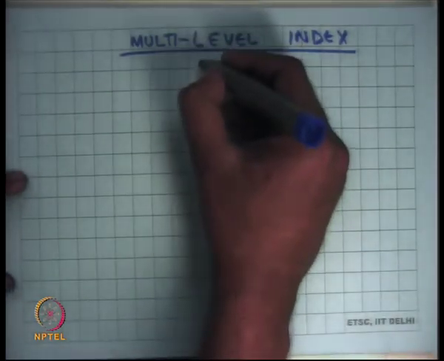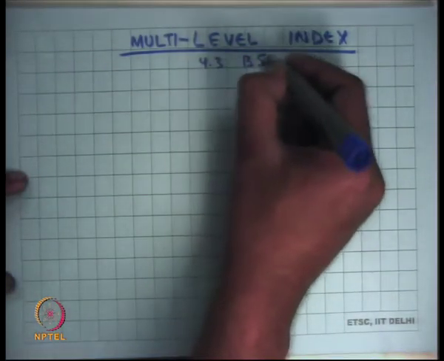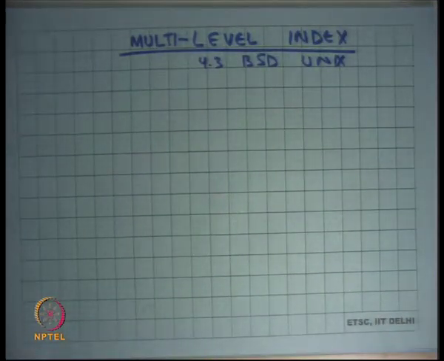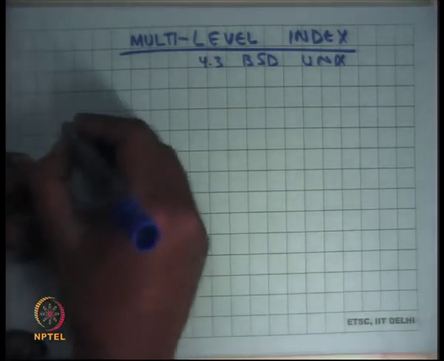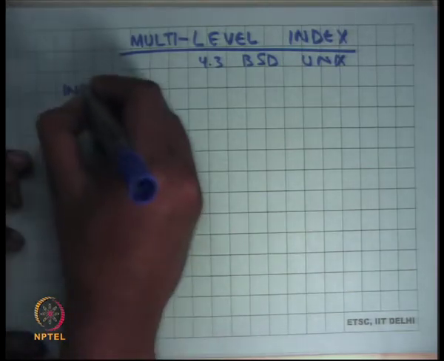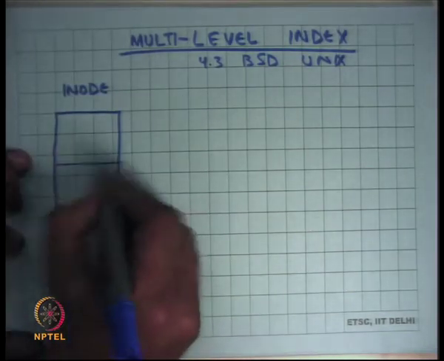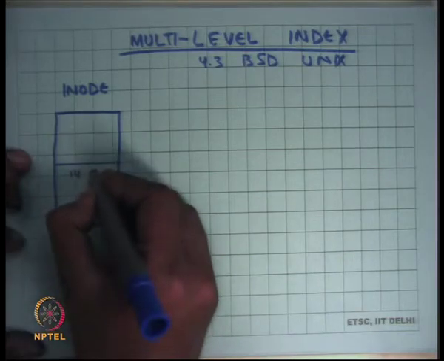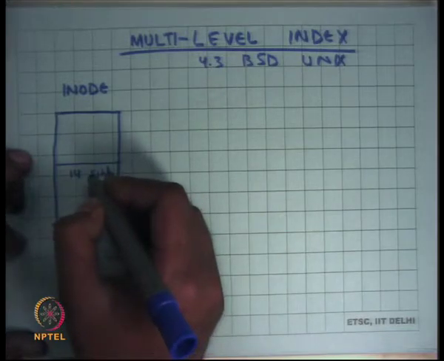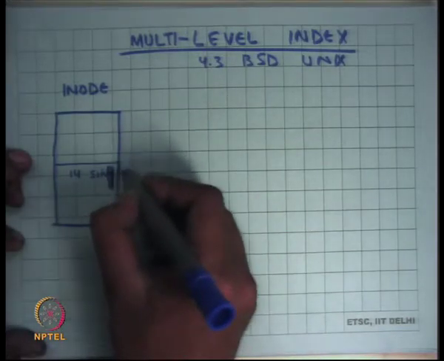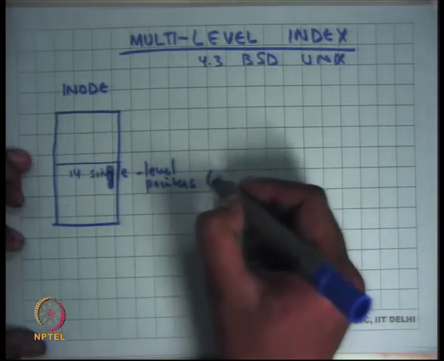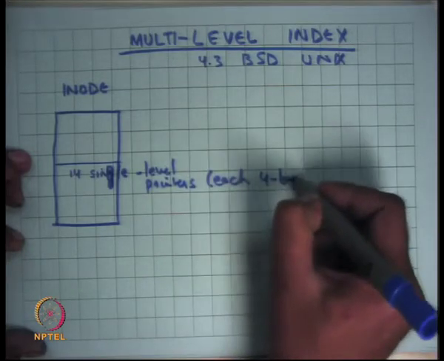So let me take the example of a real operating system, 4.3 BSD Unix, and let's look at its file system structure. It uses a multi-level index file. The inode contains, so this is the inode, 14 single level pointers, each 4 bytes.